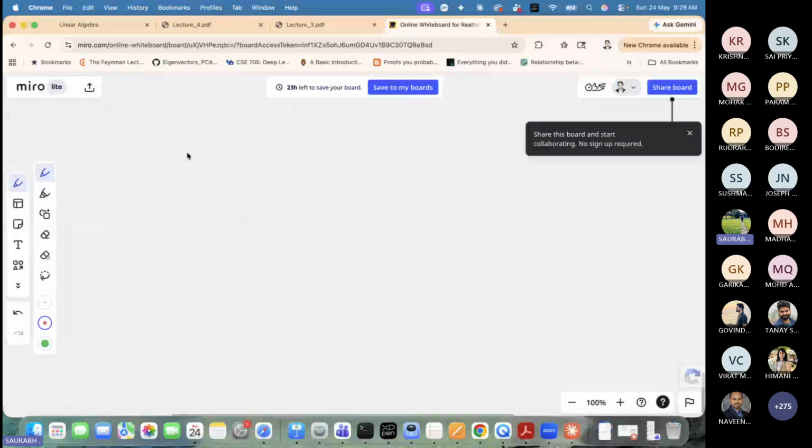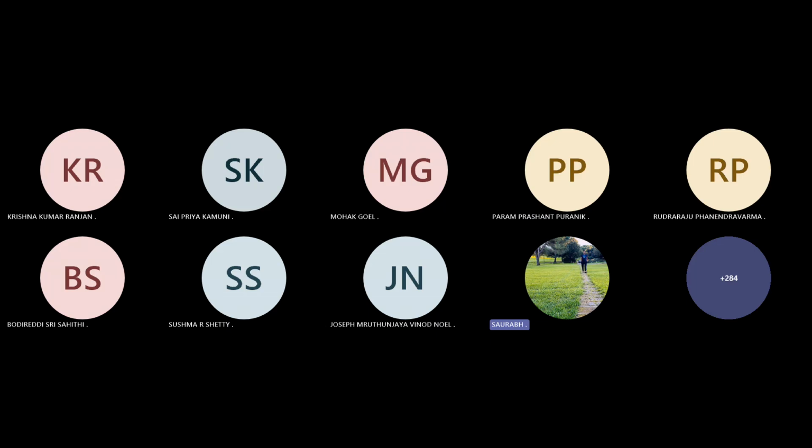What happened? I think the screen is not visible, is it? Just give me a moment. Let me see what this shows. Screen is frozen. Stop and share. Is it visible now?